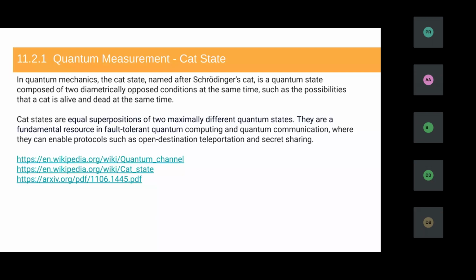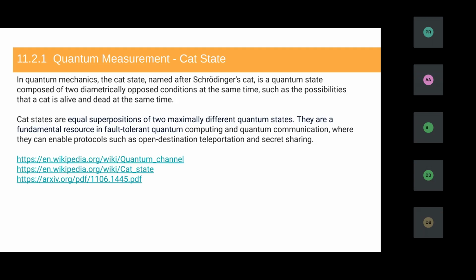EPR: Einstein, Podolsky, and Rosen. The EPR paradox is that Einstein, in 1935, along with these two people, wrote a paper and said that quantum mechanics is incomplete because it cannot explain the state. They called it spooky.